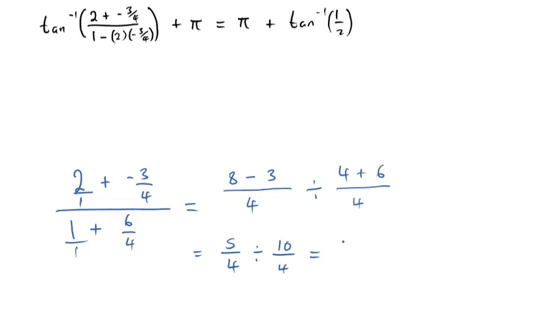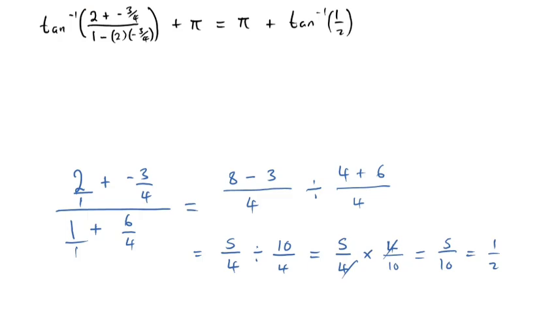Now, since we're dividing, we're going to reciprocate. So this will be multiplied by 4 over 10. First of all, the 4 and the 4 can cancel, leaving us with 5 over 10. And 5 over 10 is as good as half.